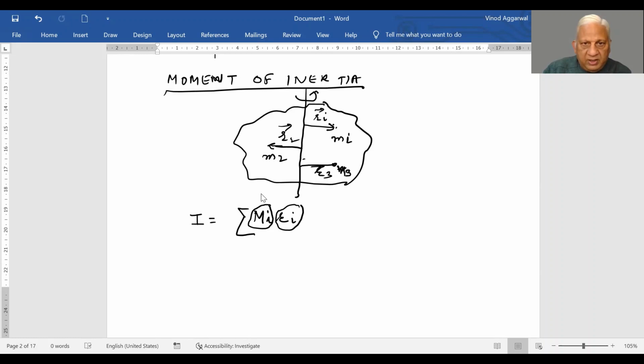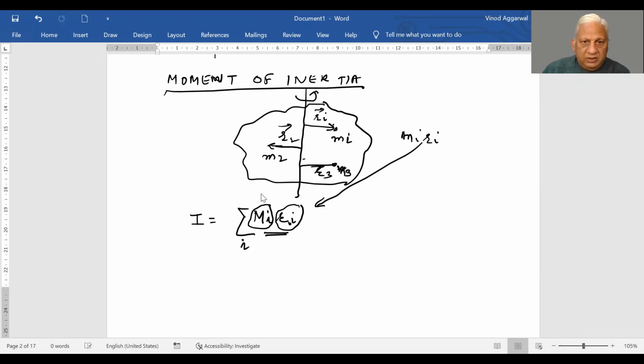For this particle, it will be, let us say, mi ri squared. So if we take this and sum over all the mi's, we get the moment of inertia.